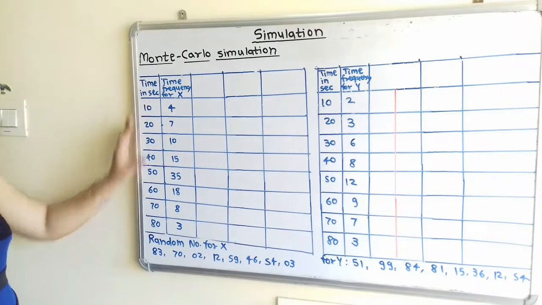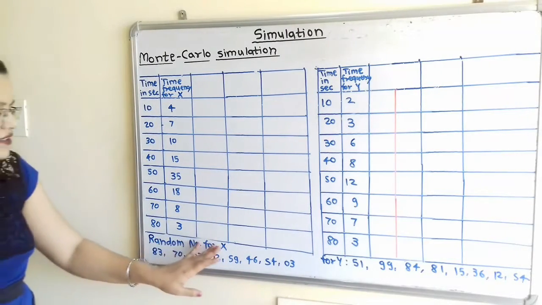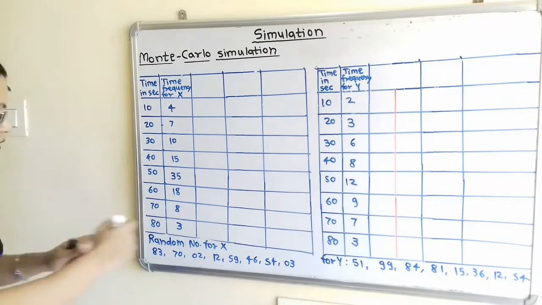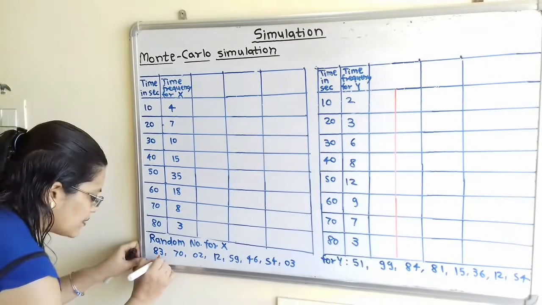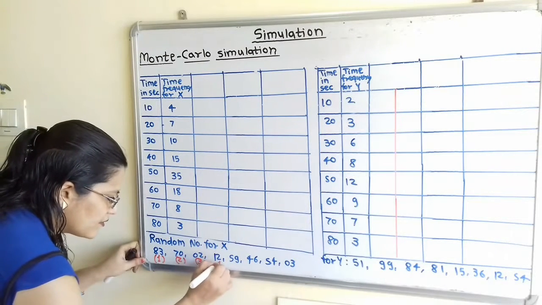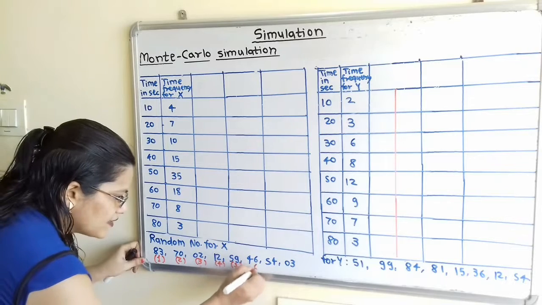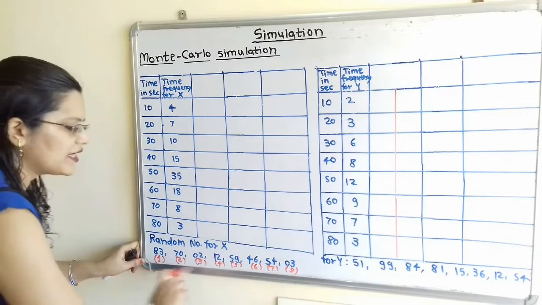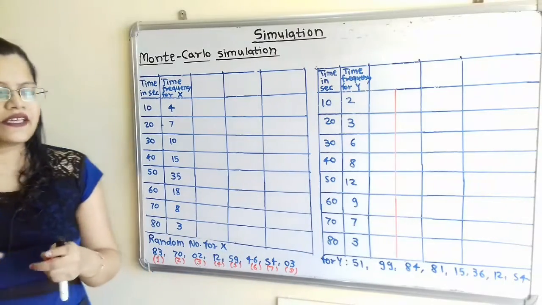Now, if we observe this given data, we will first number these random numbers. For 83, I will assign number 1, then 70 number 2, then 3, 4, 5, 6, 7, 8. That means a total of 8 random numbers are given.